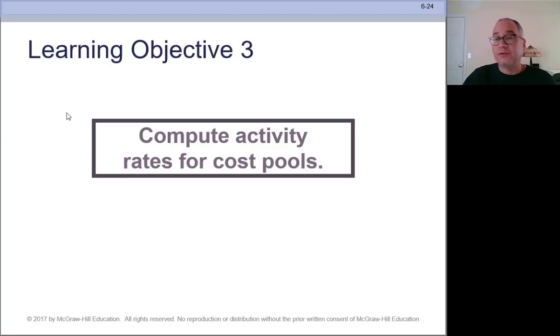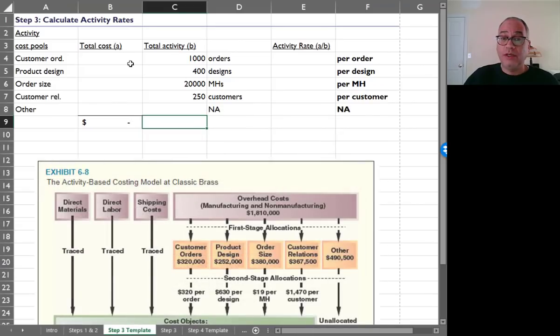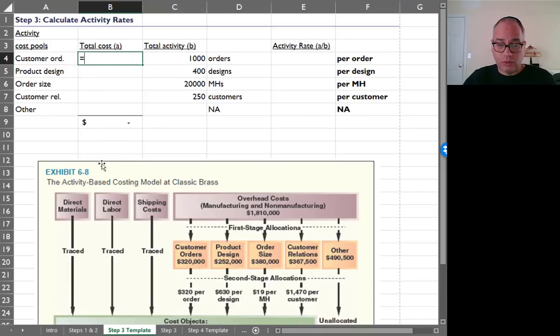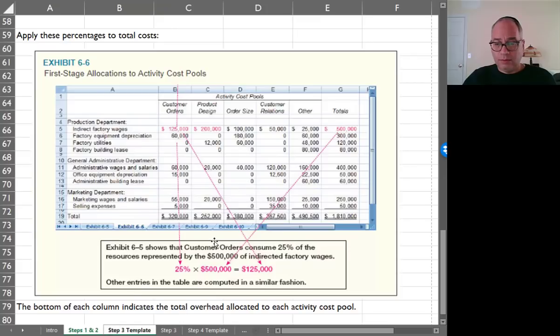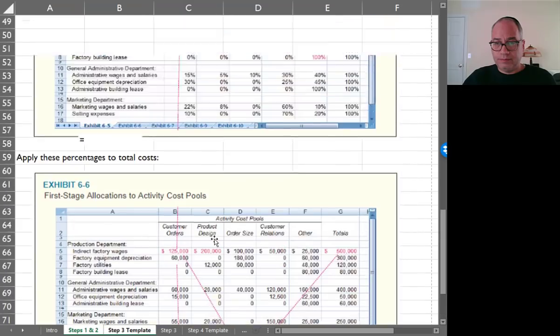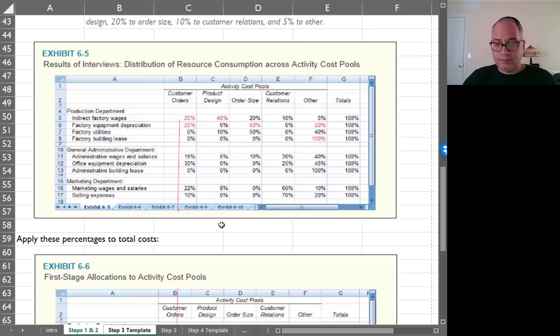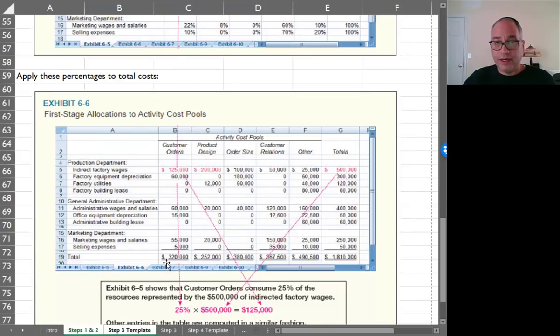And this is going to be similar to the predetermined overhead rate that we've seen before, except that there's going to be a separate rate for every pool. So here, for example, if you remember, customer orders were $320,000.